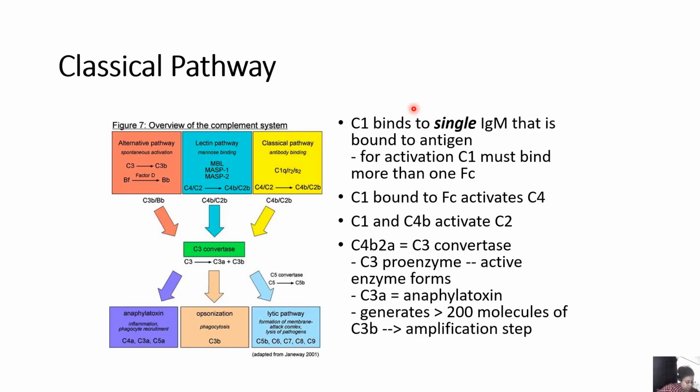So what is the terminal complement pathway that is common to all? Once C3b is formed, all pathways converge. Step by step, the terminal pathway starts: C3b binds C3 convertase to form C5 convertase. C5 gives rise to C5a and C5b. C5b sequentially binds C6, C7, C8, and multiple C9 molecules polymerize.